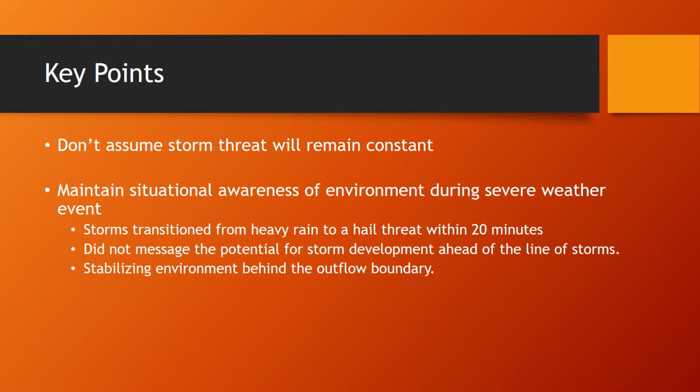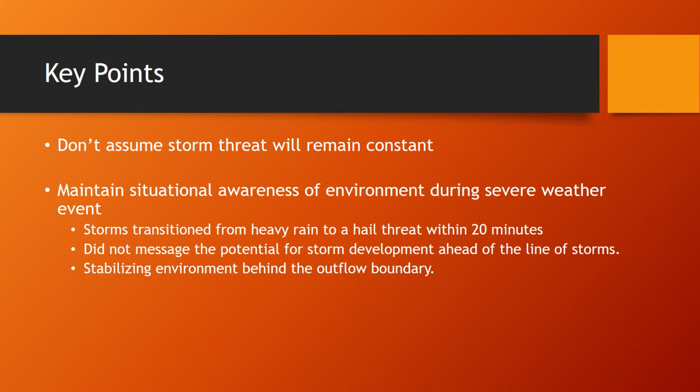So this point kind of dovetails into the next one about maintaining situational awareness of the environment during severe weather. And kind of bouncing back to that point, we had a transition of threat within 20 minutes from heavy rain to large hail.